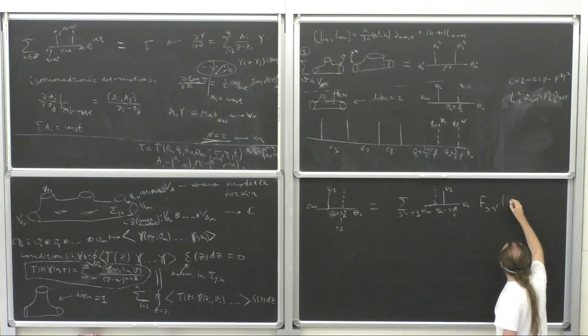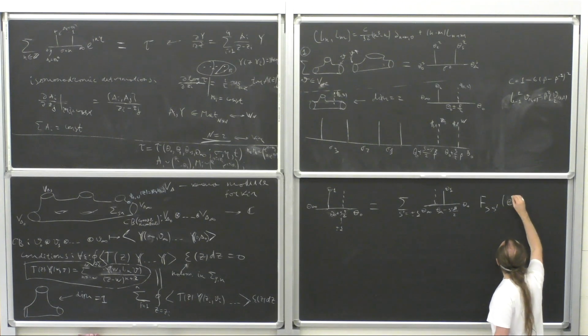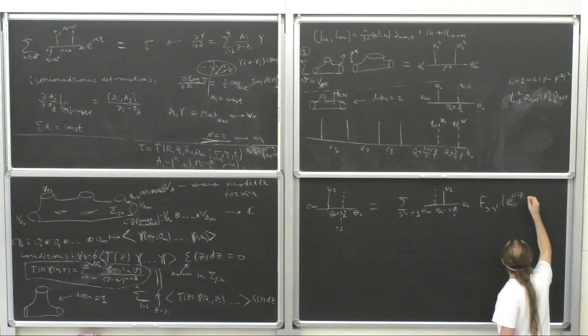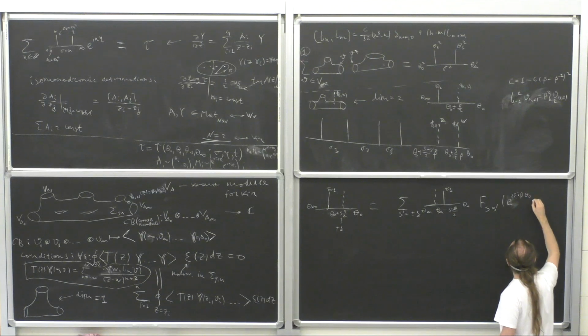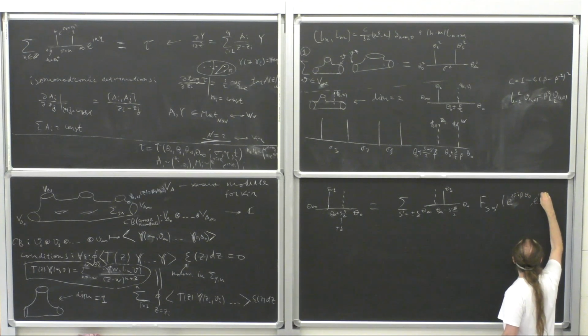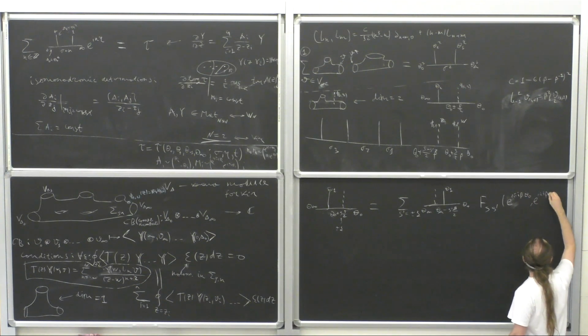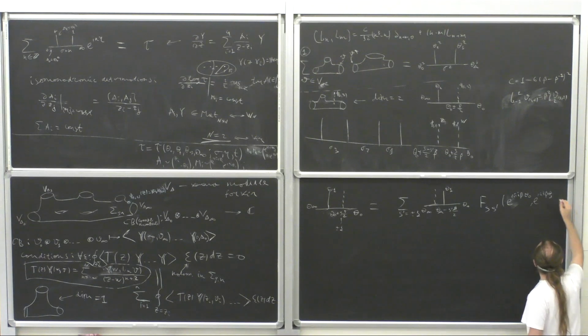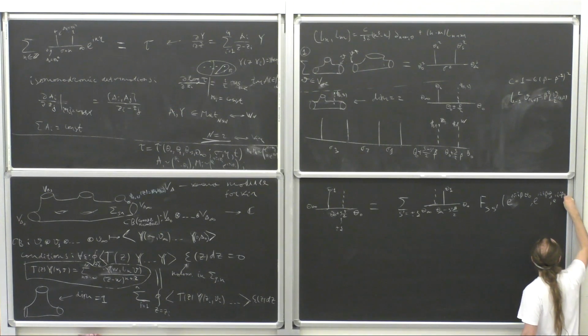Better to say that it is a function of e to the 2 pi i beta theta 0, e to the 2 pi i beta theta 1, e to the 2 pi i beta theta infinity.